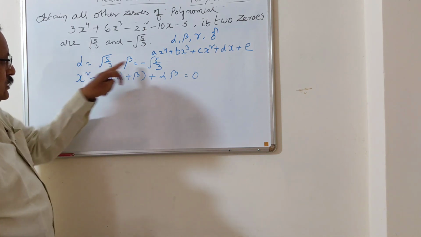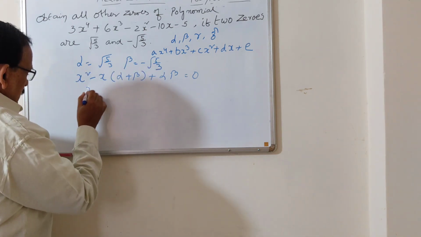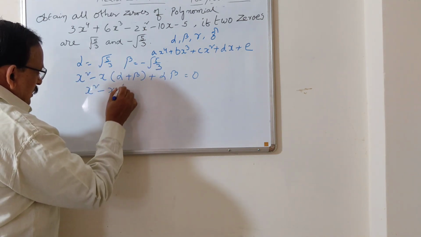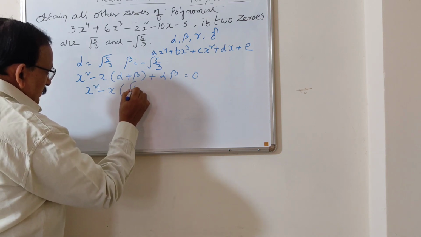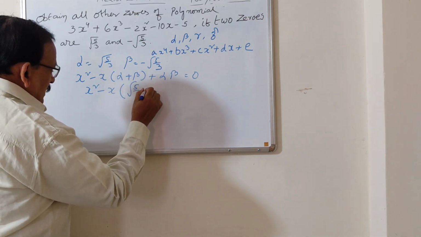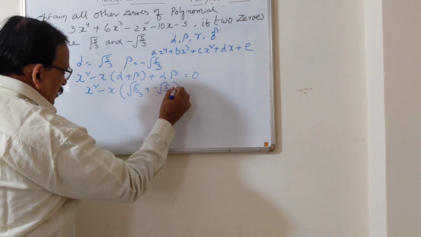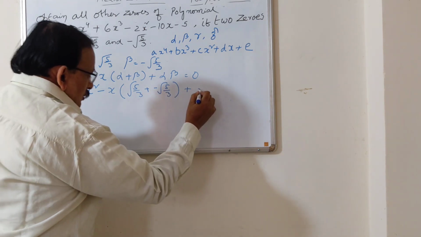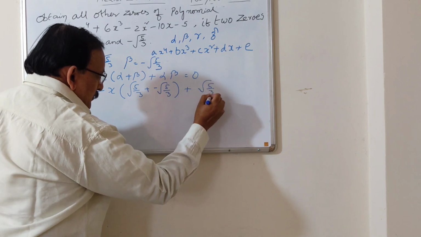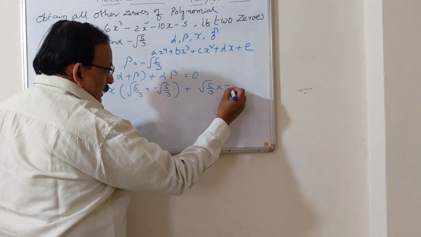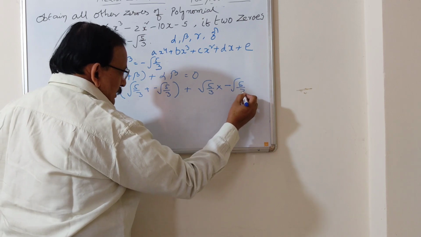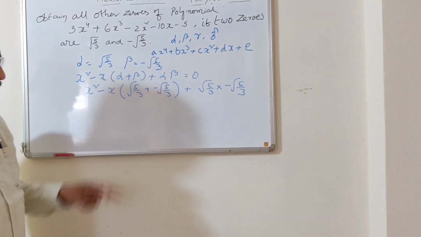Now, substitute these two values here: x square minus x into bracket root 5 by 3 plus minus root 5 by 3 bracket close plus root 5 by 3 into minus root 5 by 3. I have substituted these two values here.